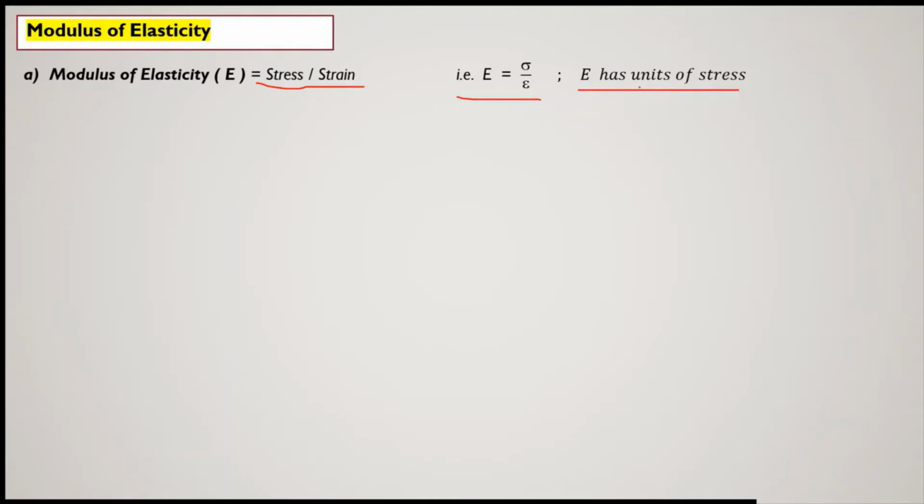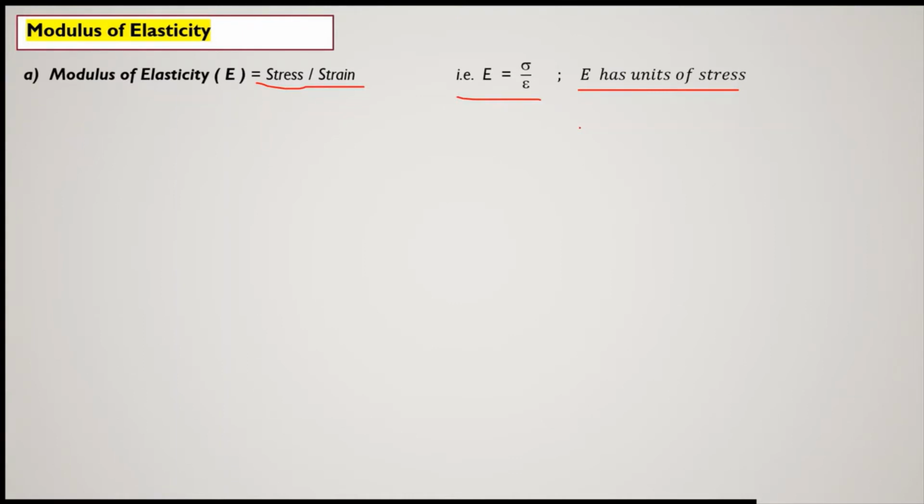Now here we have to keep in mind that this formula we will be using when we consider a member on which force is applied and the length, or longitudinal dimension, of the member is more predominant than its lateral dimension.